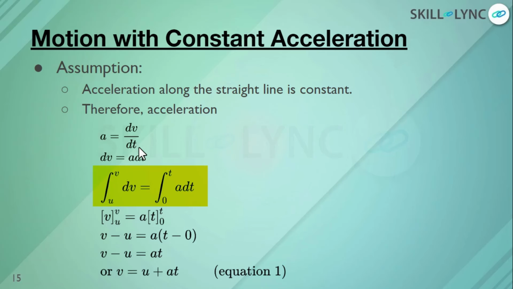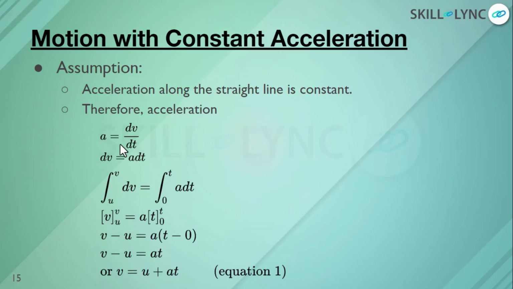Similarly, the time has also changed. To attain the velocity from u to v, the time taken was t. Therefore, acceleration here is written as dv by dt.